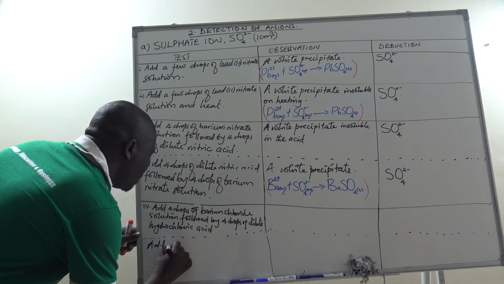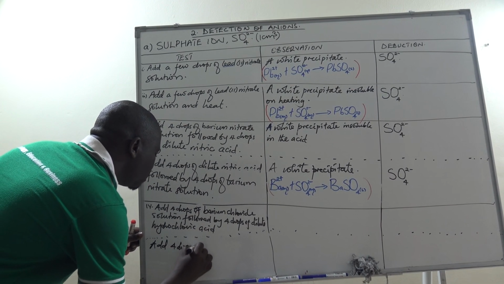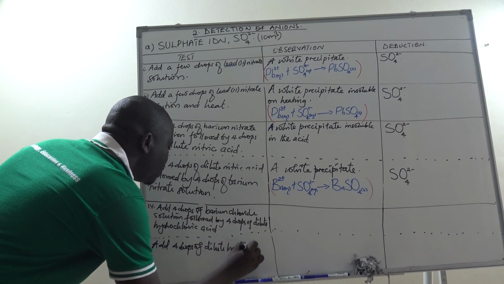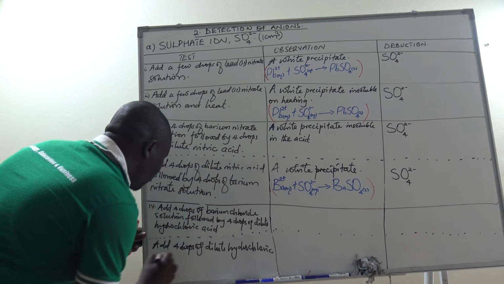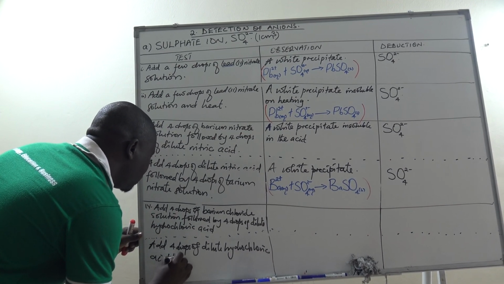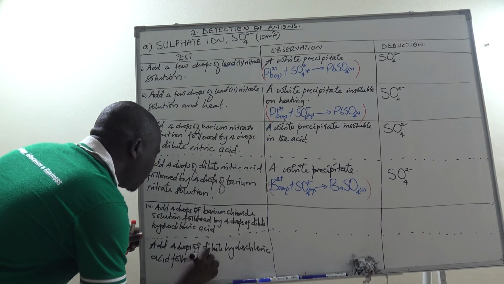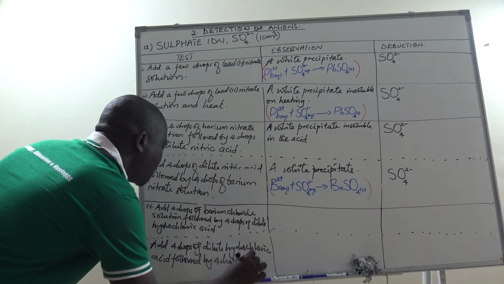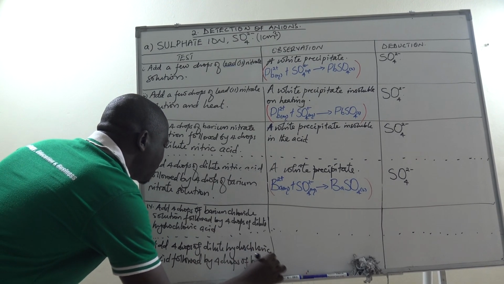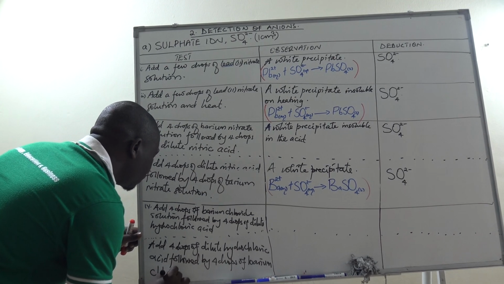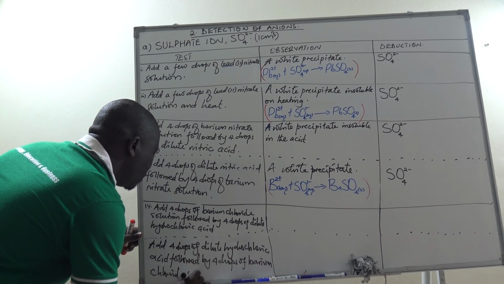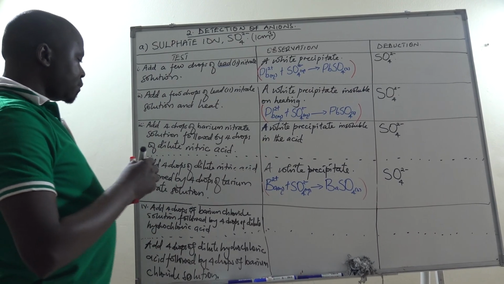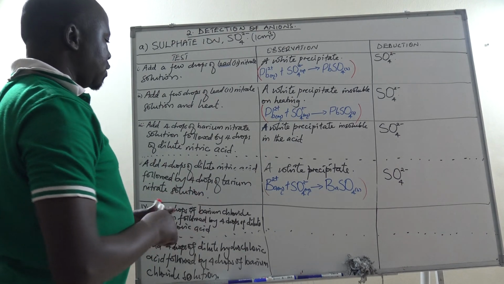So we can also say add 4 drops of dilute hydrochloric acid, followed by 4 drops of barium chloride solution. Remember that barium chloride solution is also a soluble barium salt.